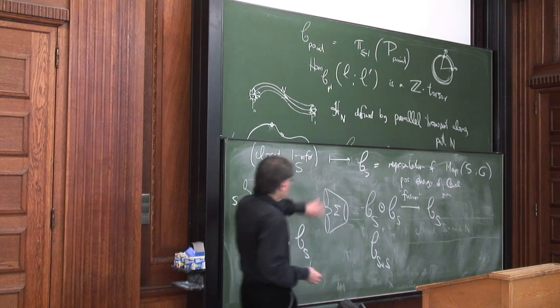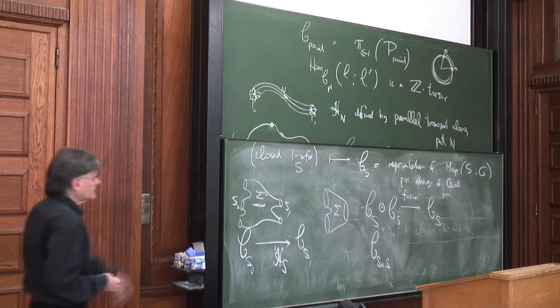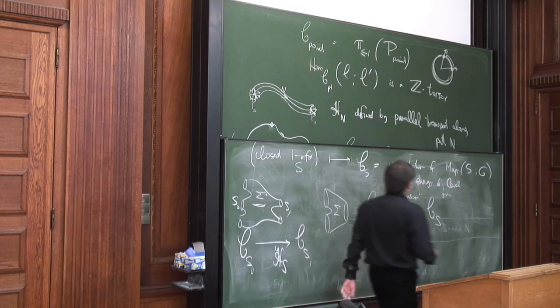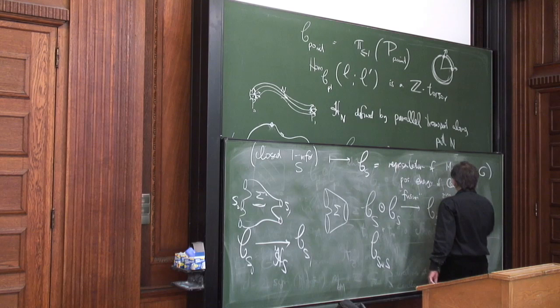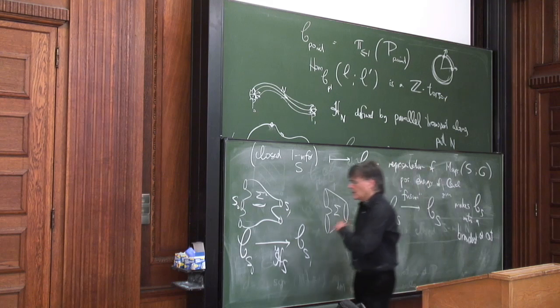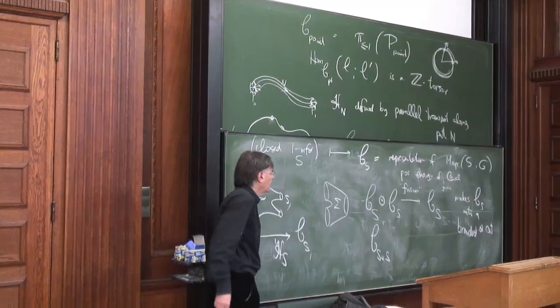So this just depends on the topological surface, which is a pair of pants. And this is an operation which makes these representations into a braided tensor category. So I'll say a little bit more about that next time.